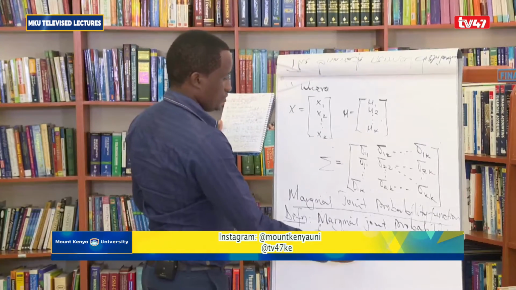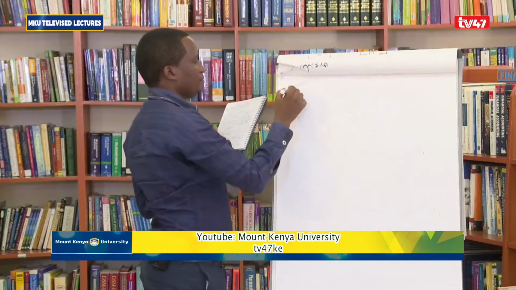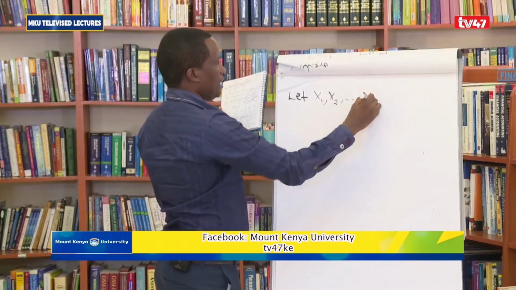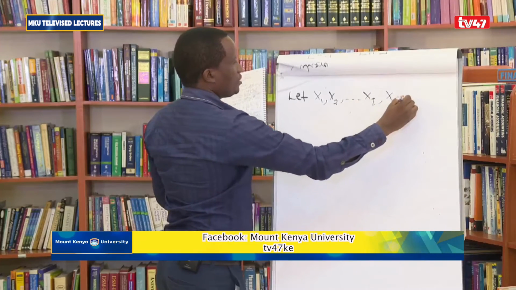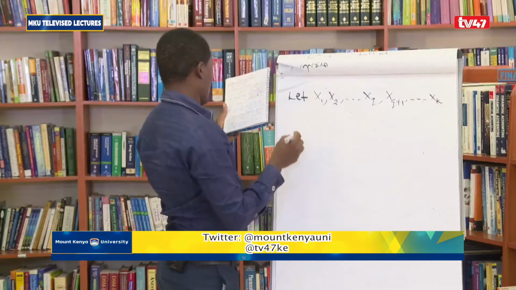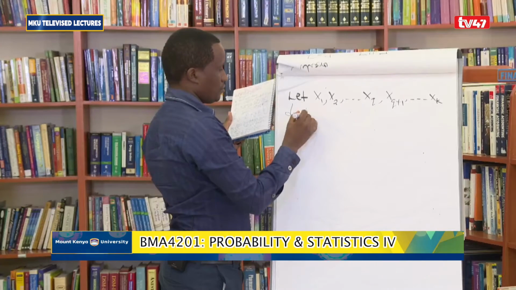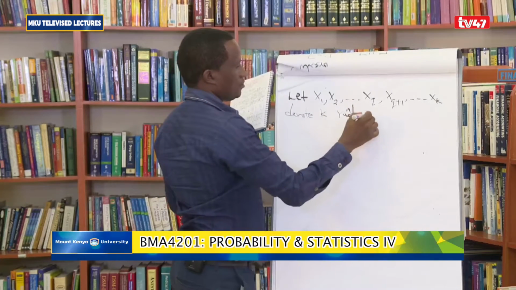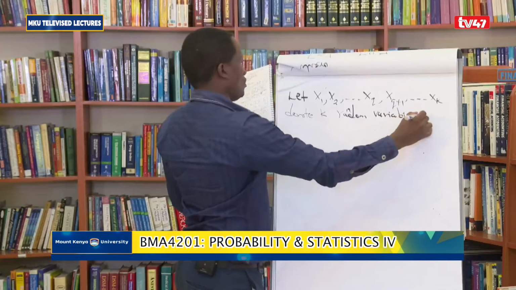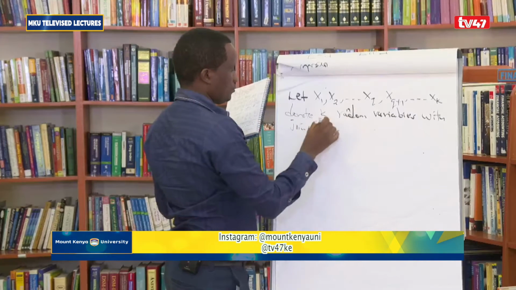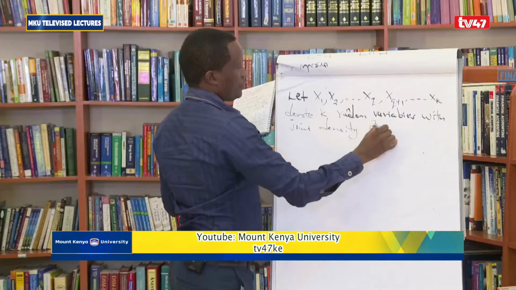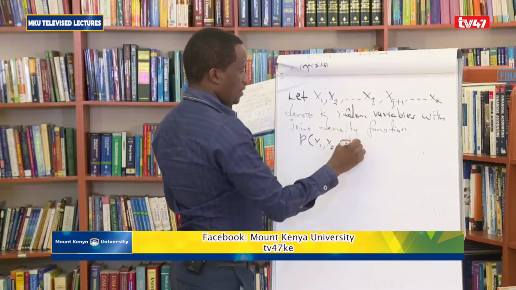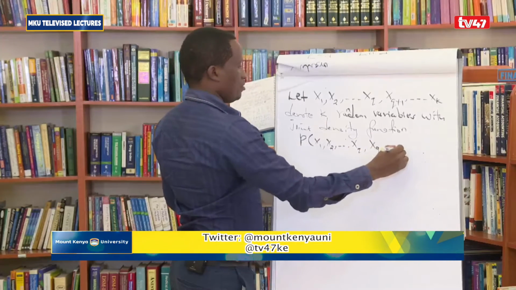The definition for marginal joint probability function: let x1, x2, all the way to xq, then q plus 1, all the way to xk, denote k random variables with joint density function p of x1, x2, all the way to xq, then xq plus 1, all the way to xk.